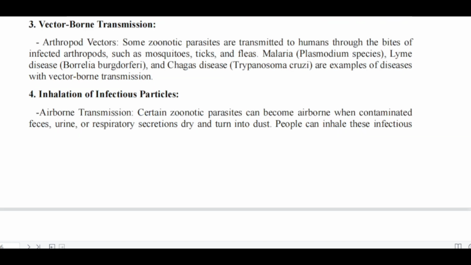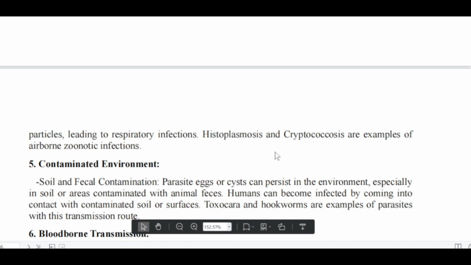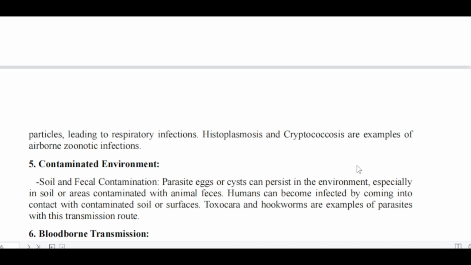People can inhale these infectious particles, leading to respiratory infections. So things like histoplasmosis and cryptococcosis are examples of airborne zoonotic infections.